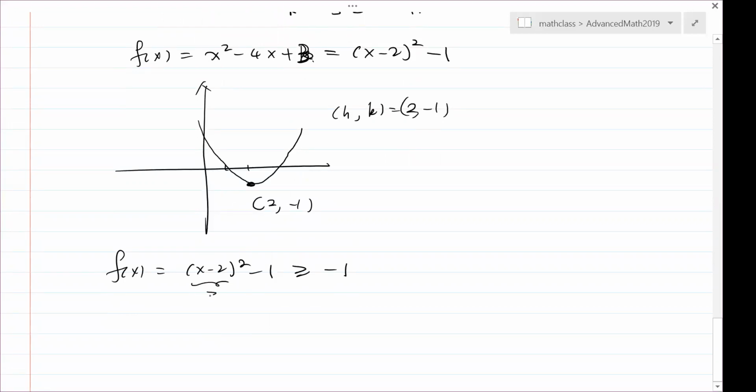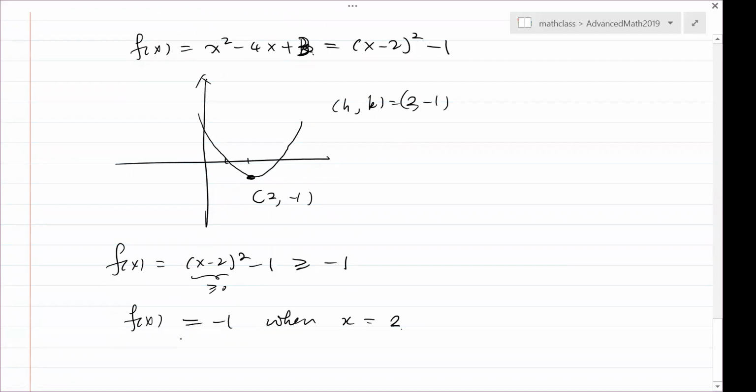So the lowest value for the function is going to be -1. And f of x is going to be -1 when x equals 2, right? When x equals 2, this term is 0. So 0 minus 1 is going to be -1. So the smallest value will be -1. It occurs at x equals 2.